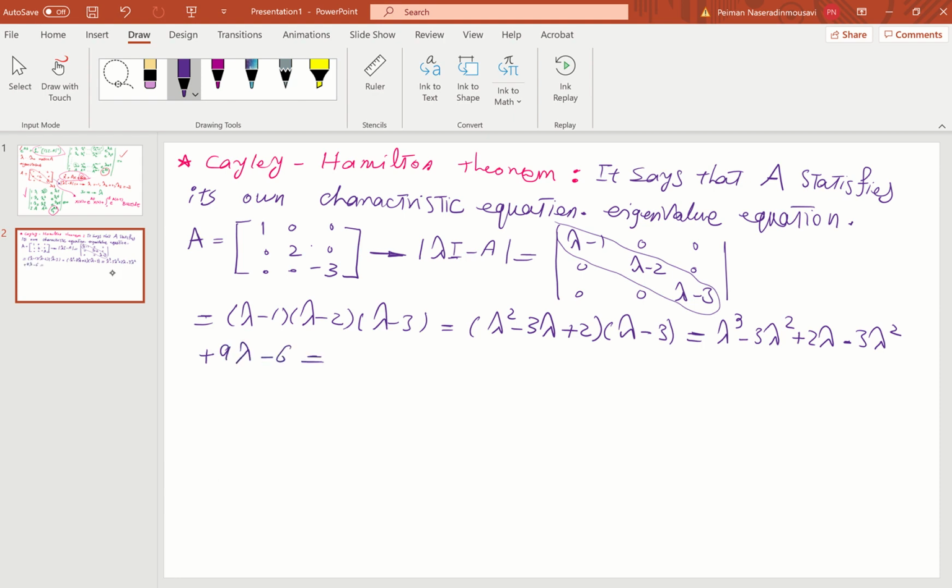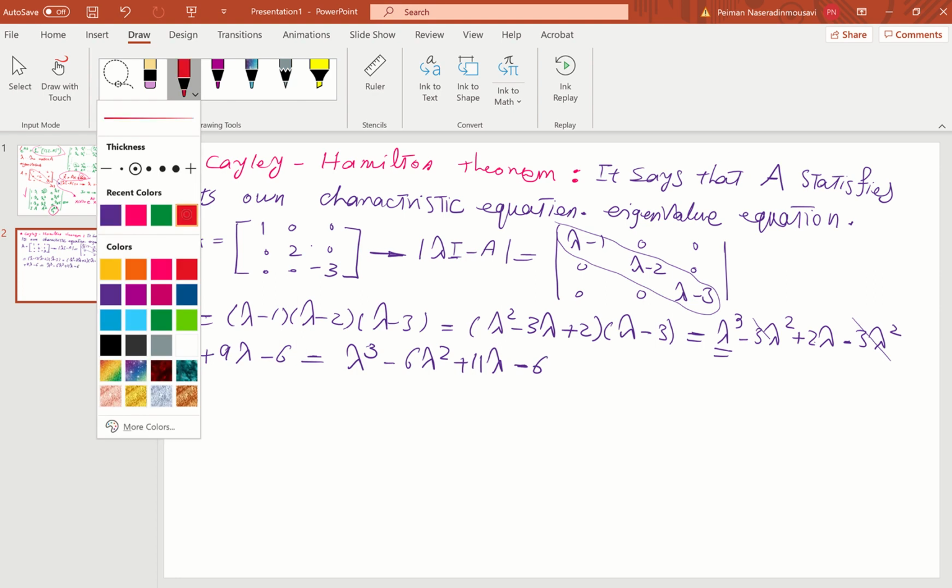Finally what you get is lambda cube minus 6 lambda square plus 11 lambda minus 6, and this is the final result.